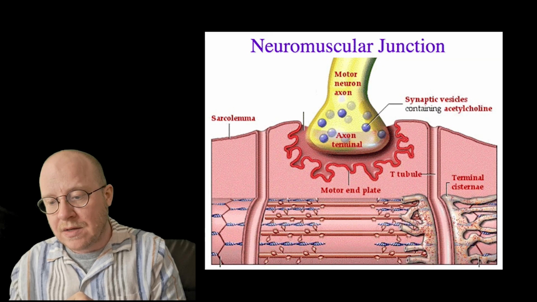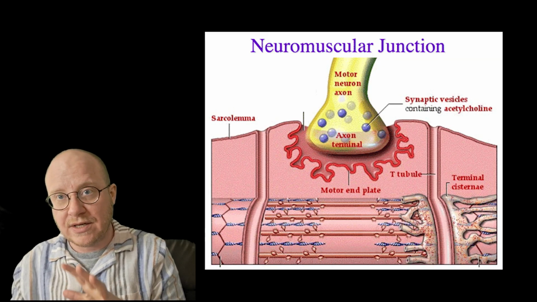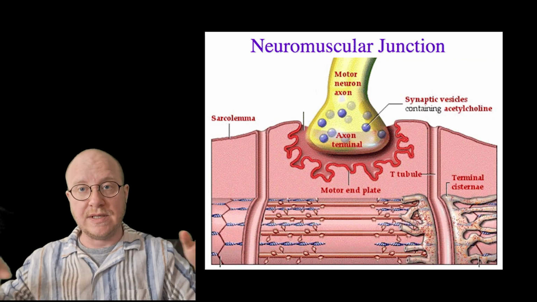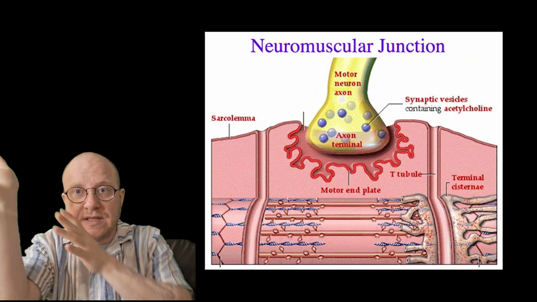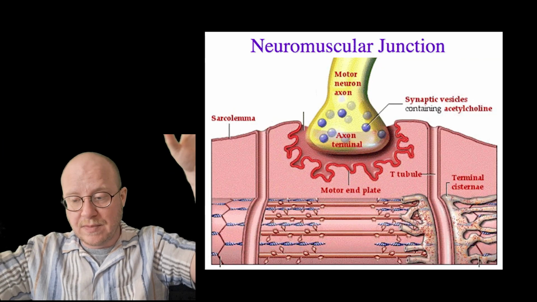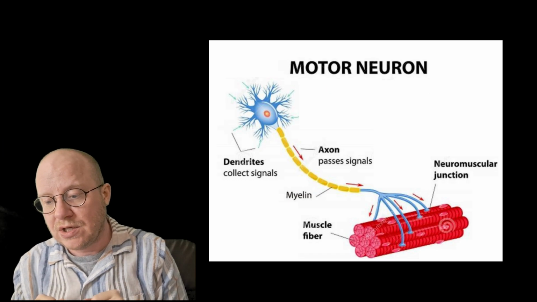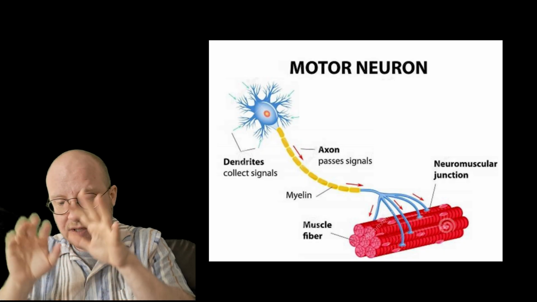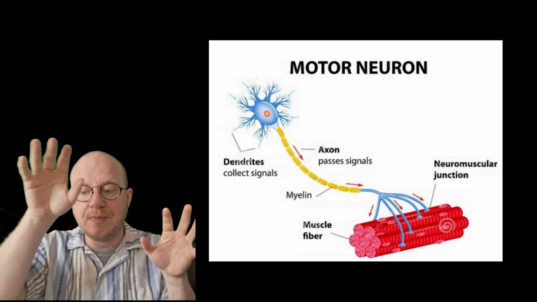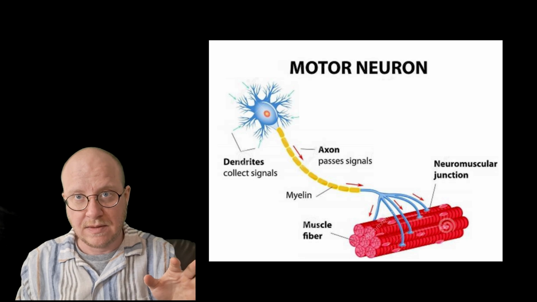Okay. So each axon of a motor neuron branches repeatedly. Branches, like literally like a tree has branches. Okay, branches means separates into different parts. So each axon of a motor neuron branches repeatedly and forms synapses with multiple fibers of a muscle.